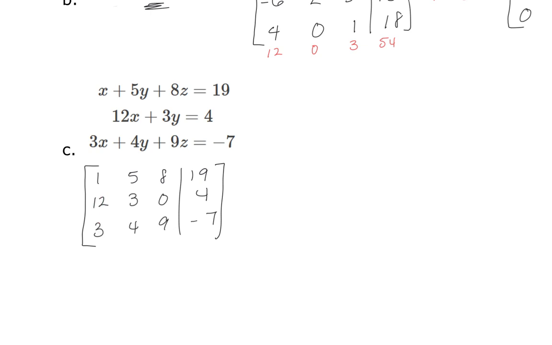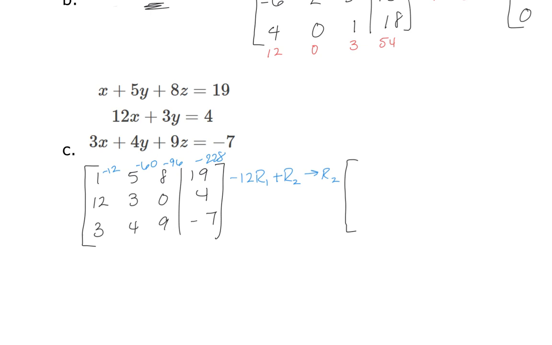So I'm going to do -12 row 1 plus row 2 back into row 2. So -12, -60, -96, and then I don't know what 12 times 19 is. 12 times 19 is -228.